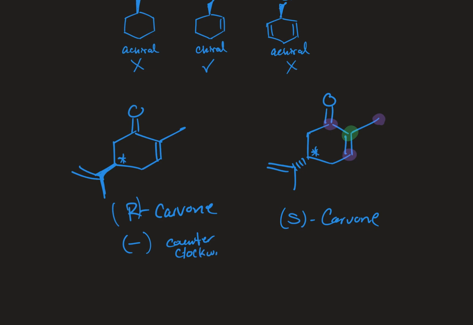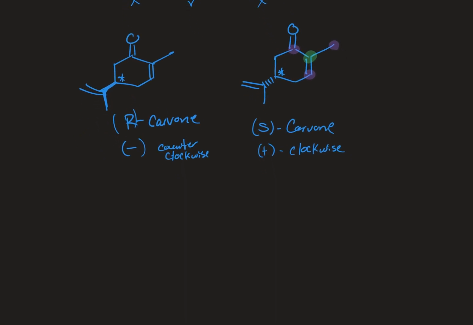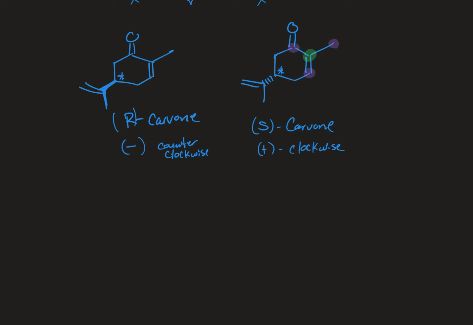So a key bit of information here is that they will do it opposite. Always. One isomer will rotate light to the left or counterclockwise, and the other one will rotate it to the right, which is clockwise. Always. And the optical activity of these chemicals are negative 61 degrees and positive 61 degrees.